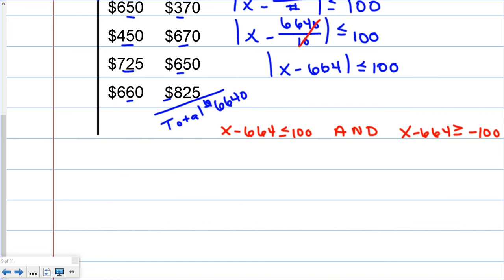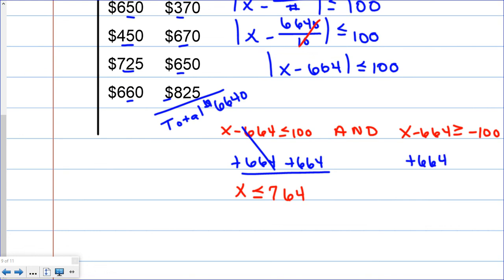Now we just need to solve these two inequalities. Add 664 to both sides. So then x is less than or equal to 764.